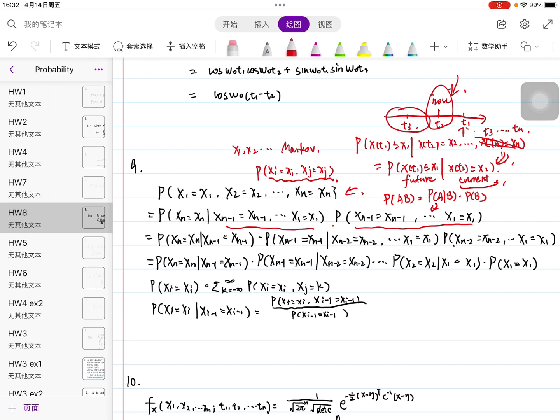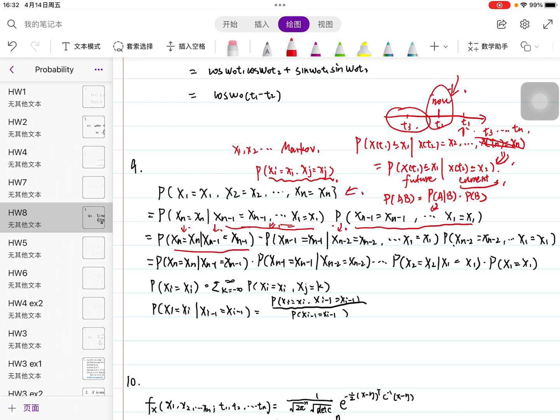Since it is a Markov process, we know the future value, that is xn here, under the condition that we know the present value, that is xn minus 1 equals to xn minus 1, and all the other times is the past. So we could just ignore all those values, so it becomes that probability, right?